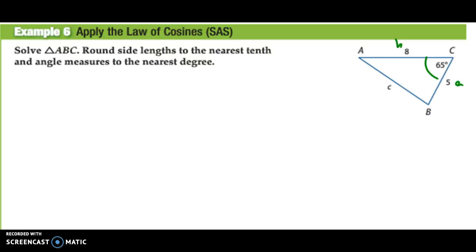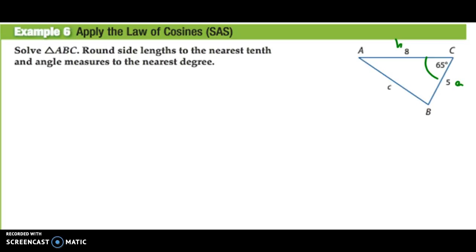The first thing I'm going to do is use the law of cosines to find that missing side. Once I know the missing side, then I can use the law of sines, which is a little bit easier in my opinion, to find the missing angles.